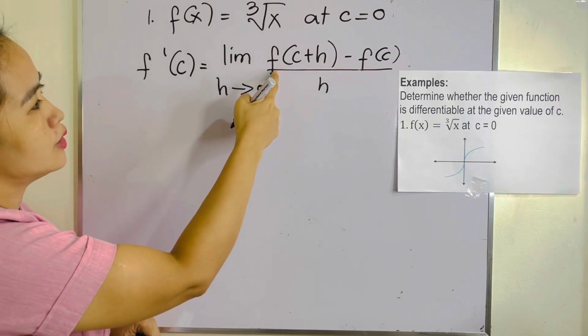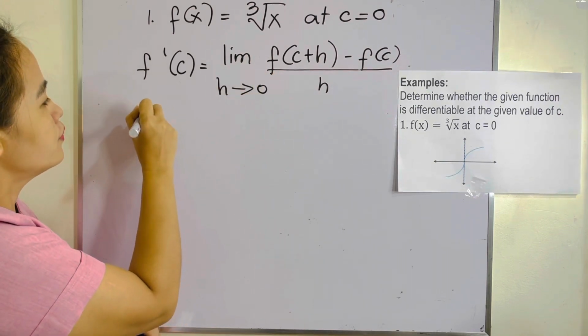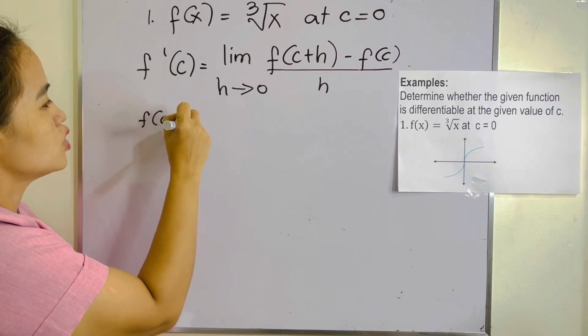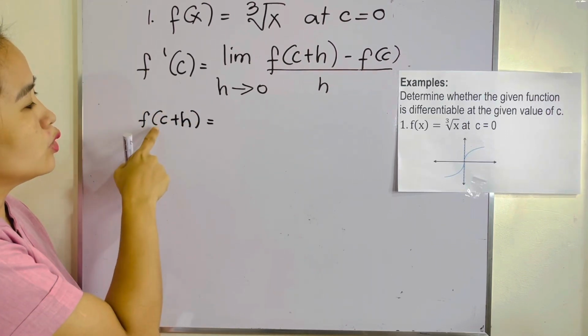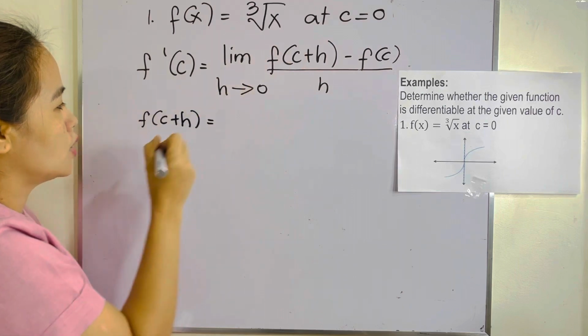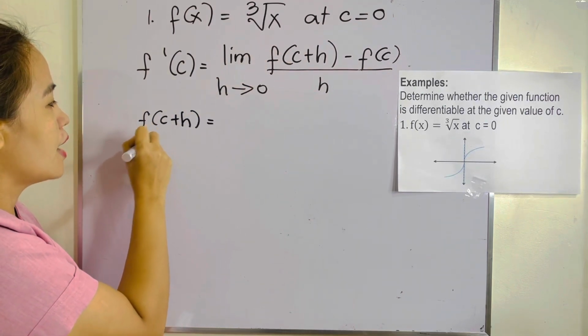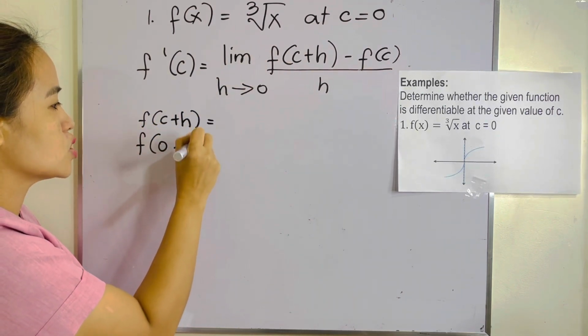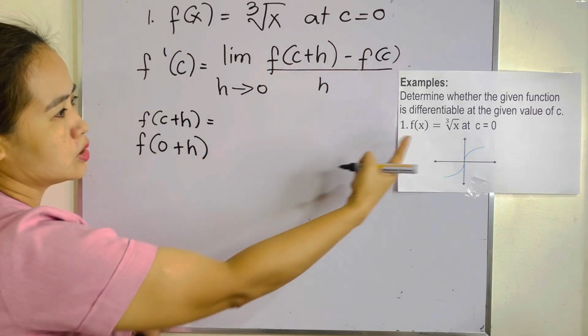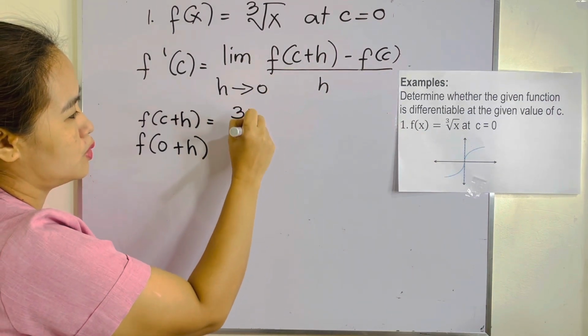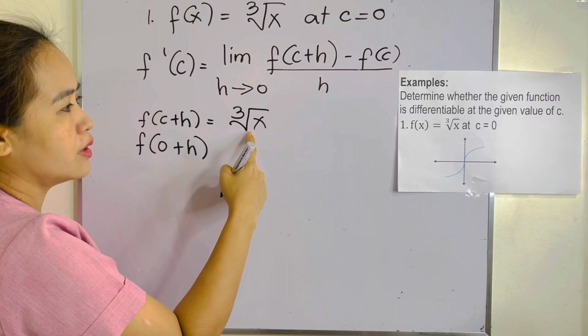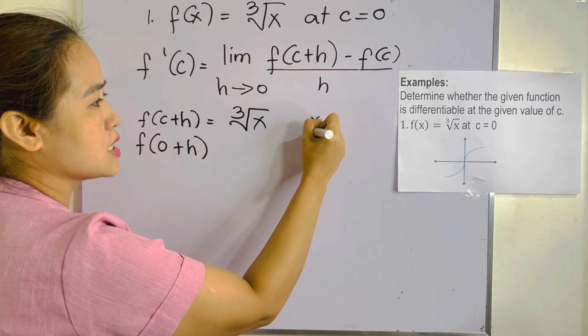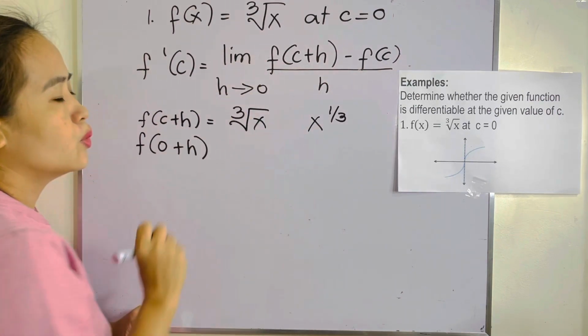So, we will be getting first f of c plus h. We know that our c here is equal to 0, so therefore this is f of 0 plus h. We will be equating it to the value of the function, which is the cube root of x. Remember that this can be written also as x raised to 1/3.